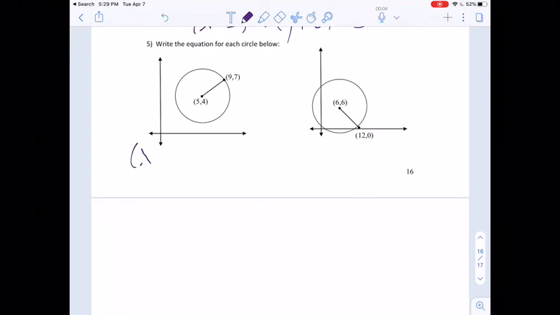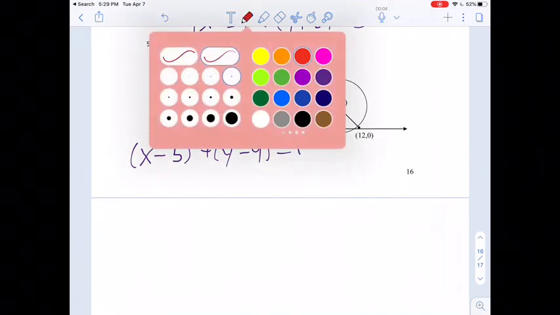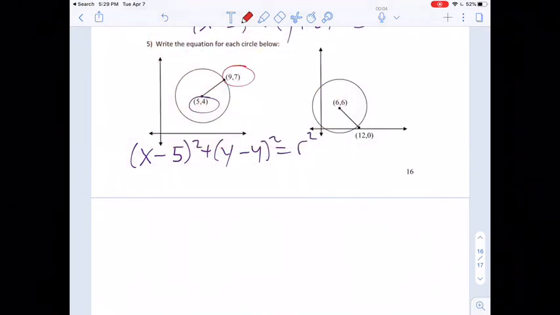So I'm going to write x minus 5 squared plus y minus 4 squared, those are those two numbers, equals r squared. The center goes there. This is just a random point on the circle. And I'm going to plug that in to each x and y.